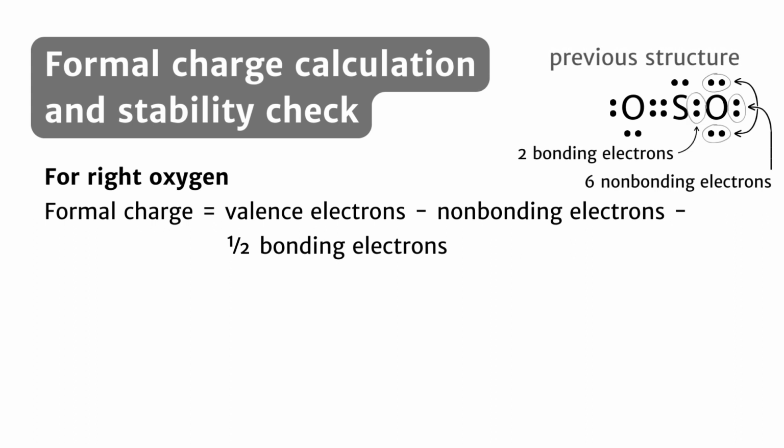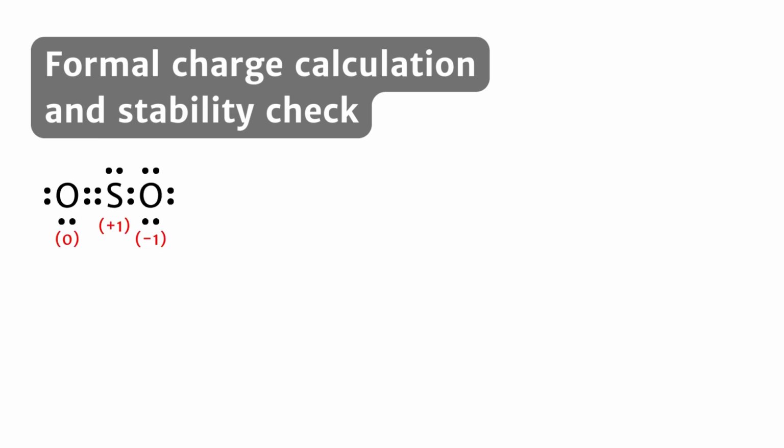So the formal charge will be equal to 6 minus half times 2, which equals to -1. The formal charges of both sulfur and oxygen atoms are mentioned, and it is clear that the current structure is not stable, as the formal charges on the atoms are not zero.